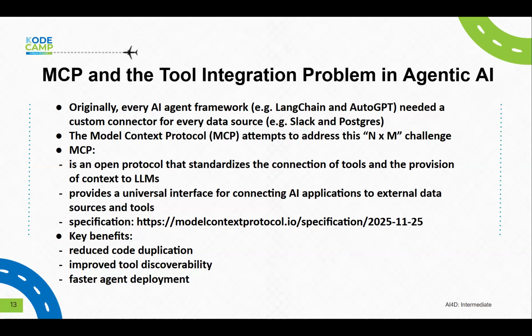And so this created an N by M challenge where, for each framework, you needed connectors for each data source. And so MCP essentially was an attempt to address this.